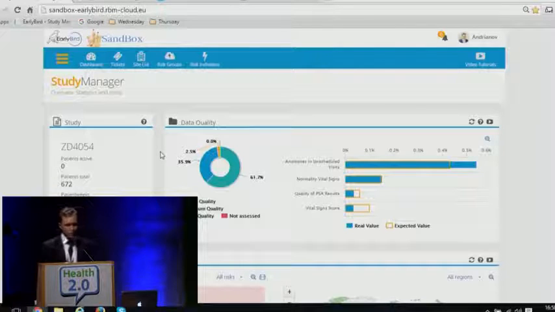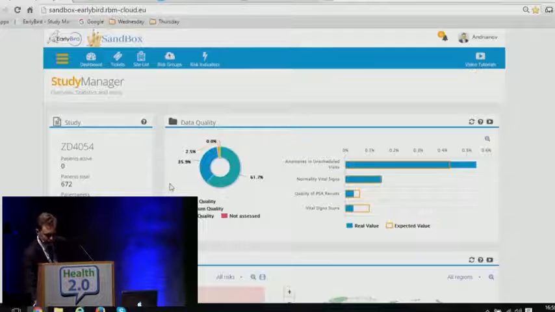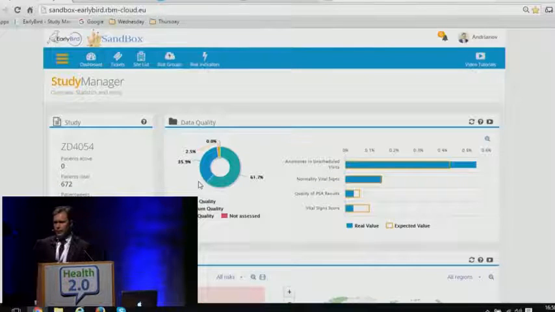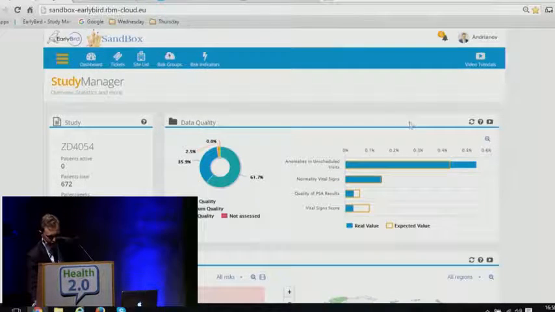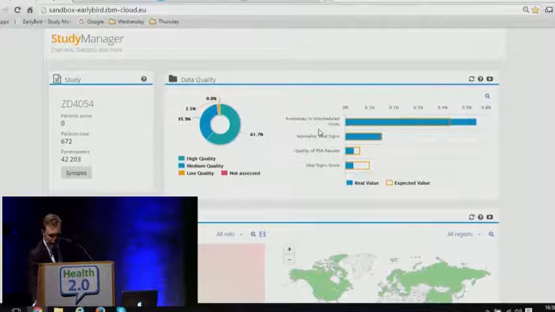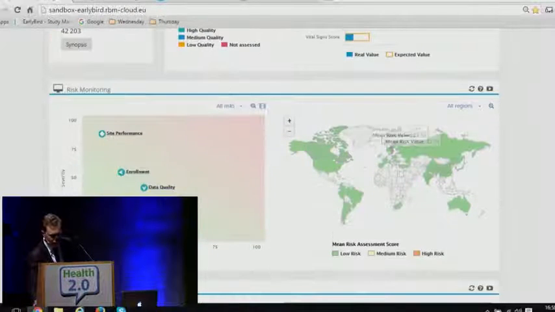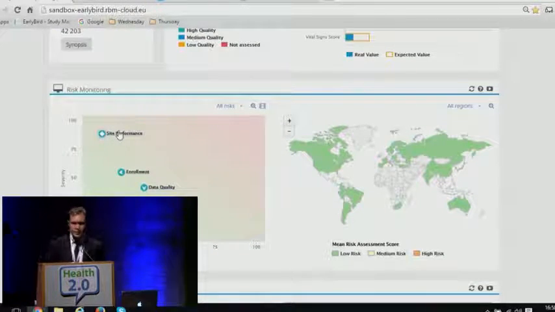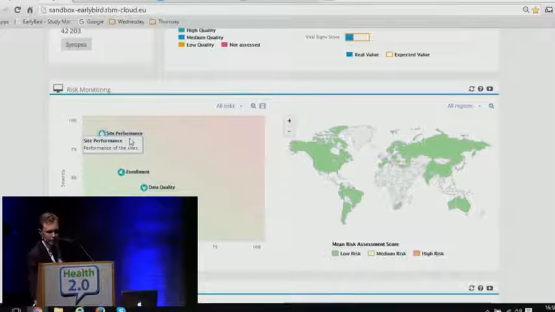Just take a look at the cockpit I have. As a pilot of a clinical trial, I log in to this portal every Monday morning, and I can observe data quality based on certain quality indicators. I can see all the risks that are involved in the clinical trials, like site performance, fraudulent behavior, sloppiness, data quality, patient safety.